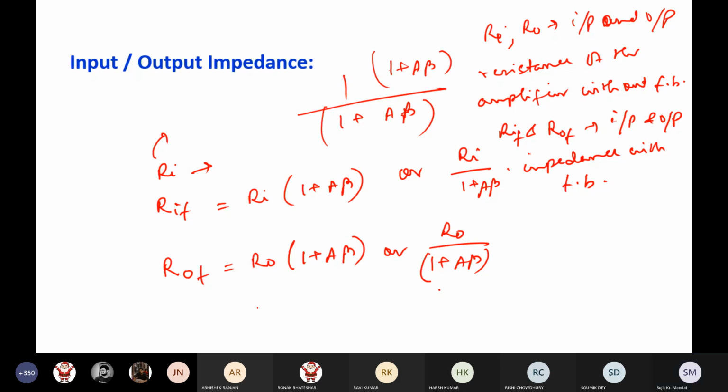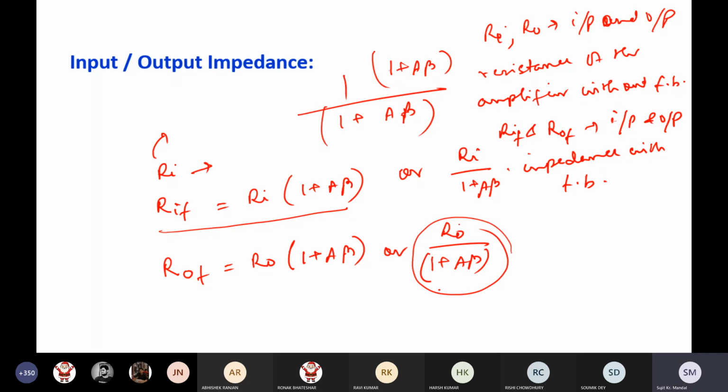It's clear. So accordingly, for a voltage amplifier, sometimes we need to increase the input impedance and decrease the output impedance. In that case, we have to connect the feedback network in such a way that it will increase the input impedance and decrease the output impedance, and accordingly the feedback network is connected.